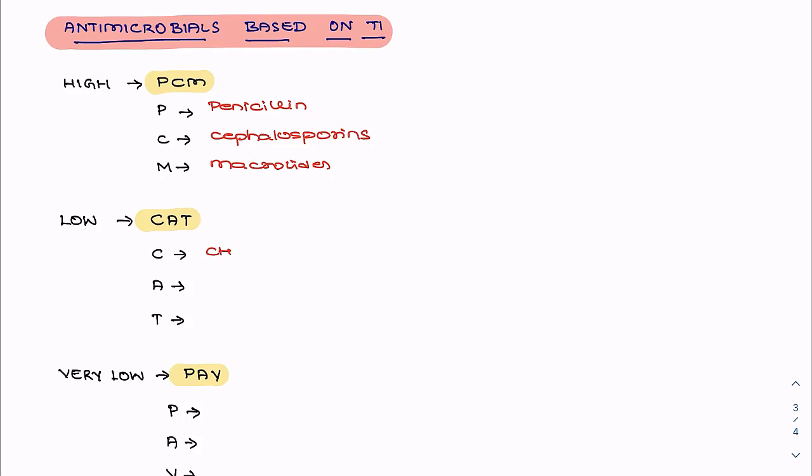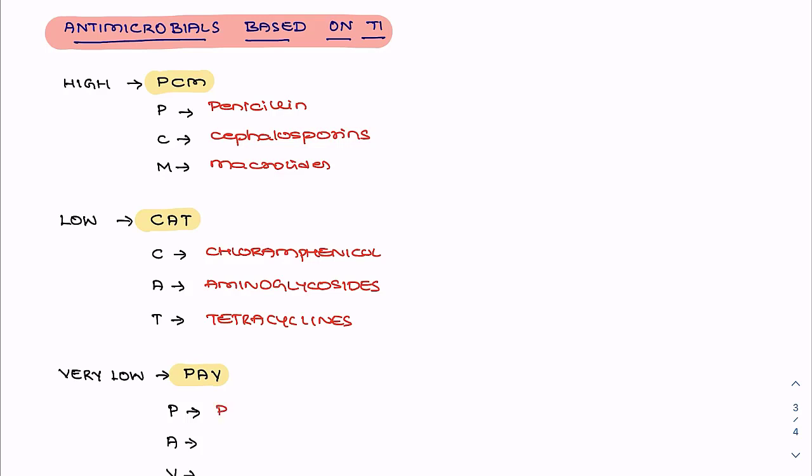So we have chloramphenicol, aminoglycosides, and tetracyclines. And in the very low therapeutic index, we have PA.